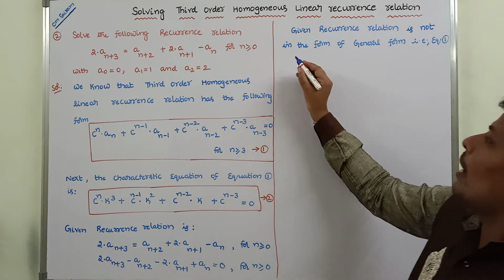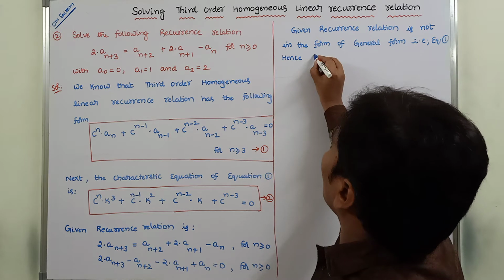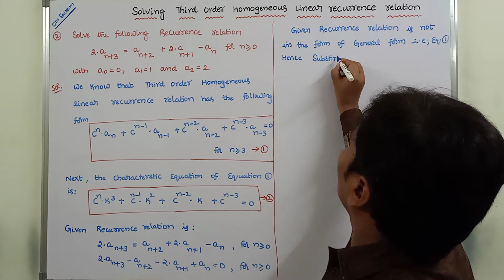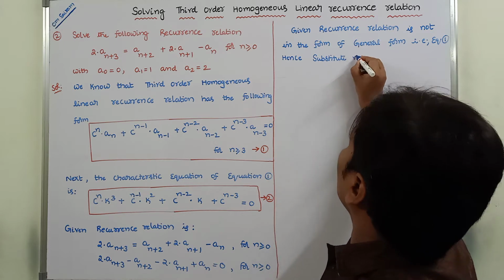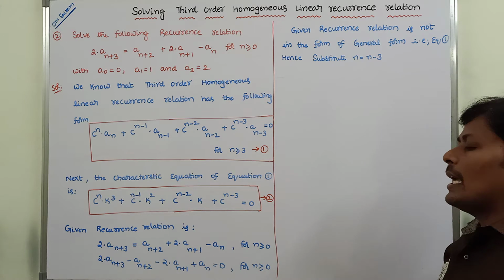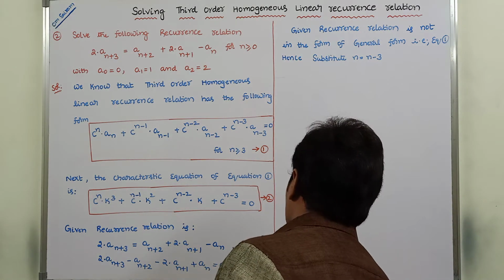Hence substitute n is equal to n minus 3. Substitute n is equal to n minus 3. This is the equation 3.